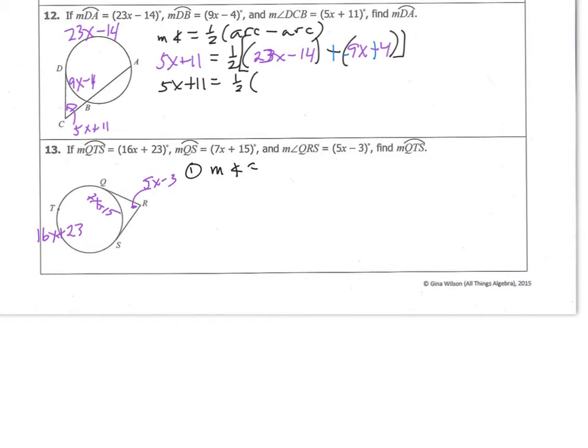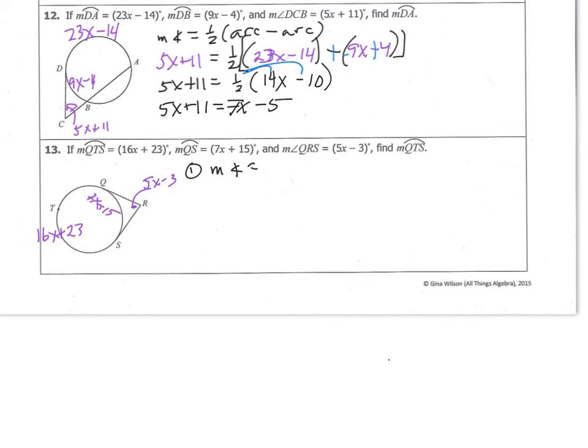What is 23x minus 9x? 14x. What is a negative 14 and a positive 4? Negative 10. Can I distribute and take half of those? Yeah, that distributes nicely, doesn't it? If it didn't, you'd multiply both sides by 2. So 5x plus 11 is equal to 7x minus 5. Collect your x's.